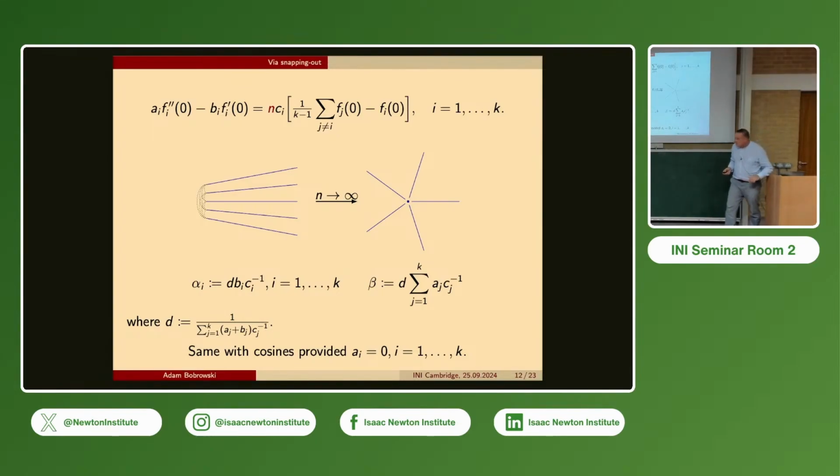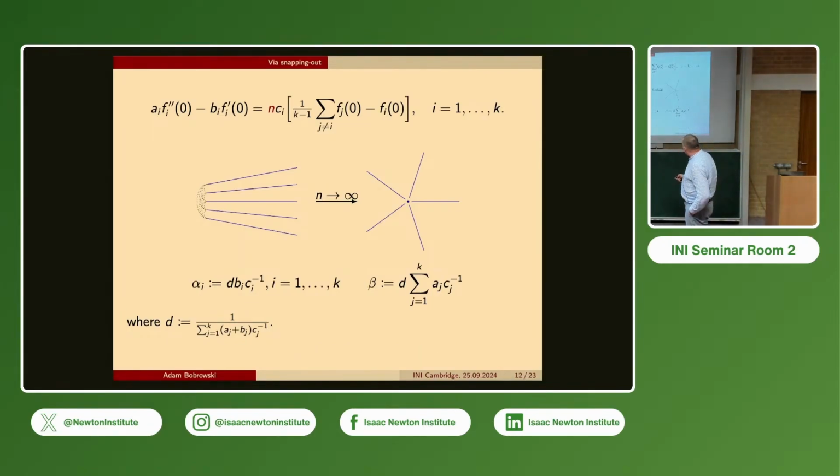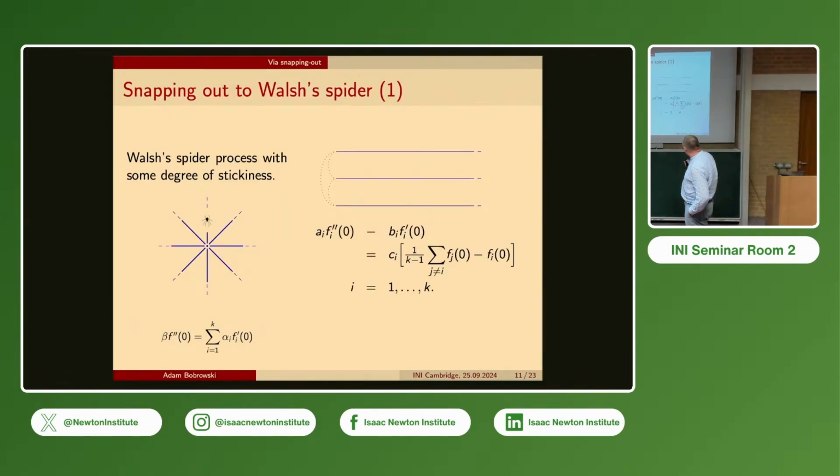When you do approximation on the previous slide, these are permeability coefficients, and if you multiply them by n or 1 over epsilon and pass to the limit, this simply means that the times needed for the process to go from the end of one half line to the other are shorter and shorter.